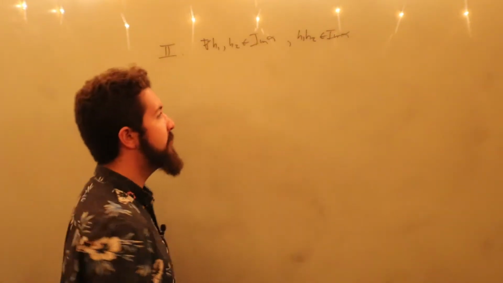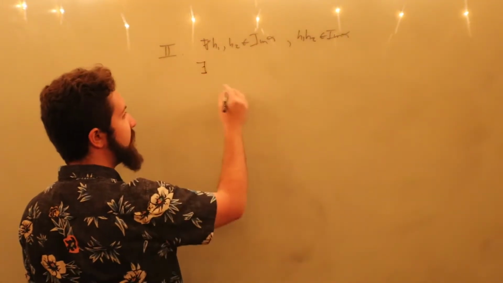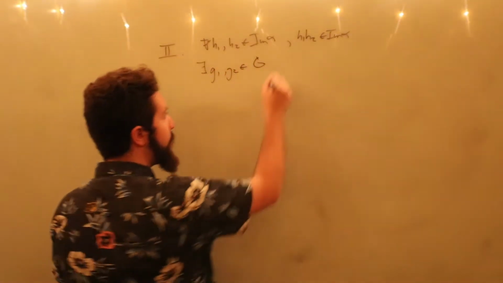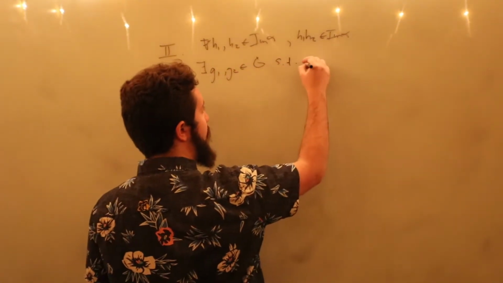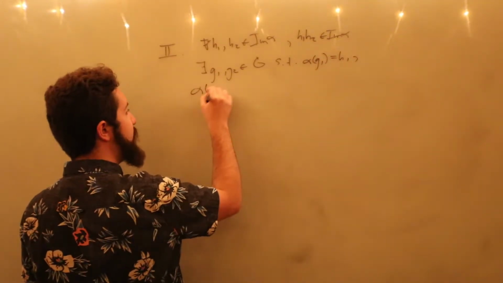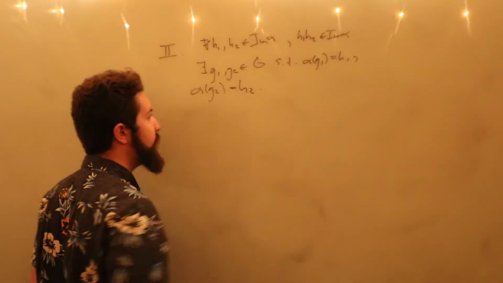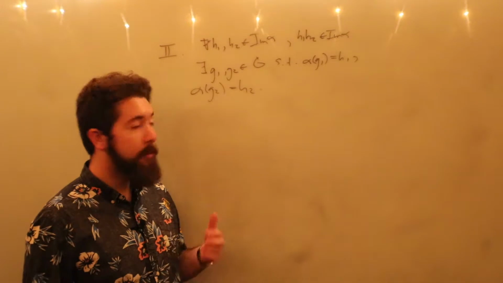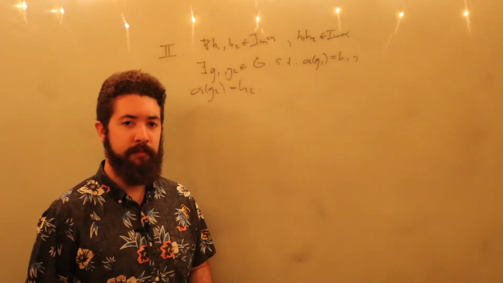Now, since alpha is a mapping, there must exist elements g1 and g2 in the group G such that alpha of g1 is equal to h1 and alpha of g2 is equal to h2. It does not mean necessarily that these g values are unique, but there exists at least one.